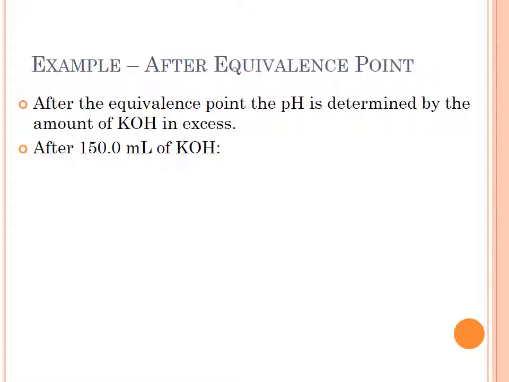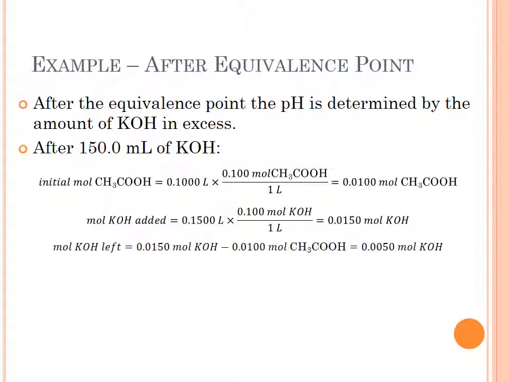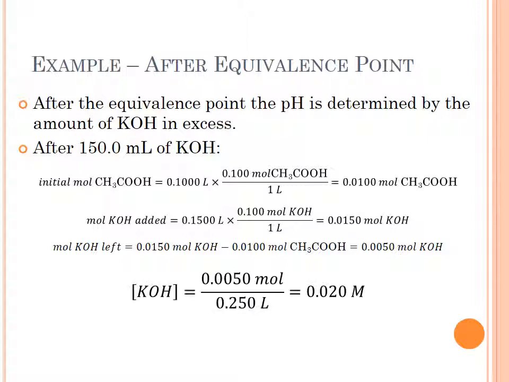If we add the same 150 milliliters, we're still going to have the same amount of acid, but we're going to neutralize it with excess base, just like in the previous version after the equivalence point. We're going to find that we have excess base, but that's going to suppress the ionization of the acetate ion, so it's not going to really impact the pH here.